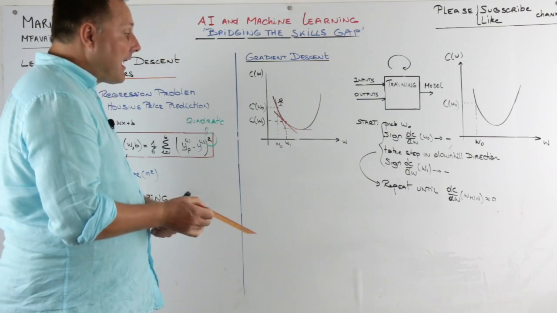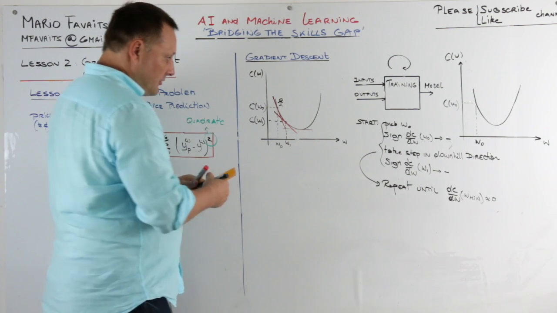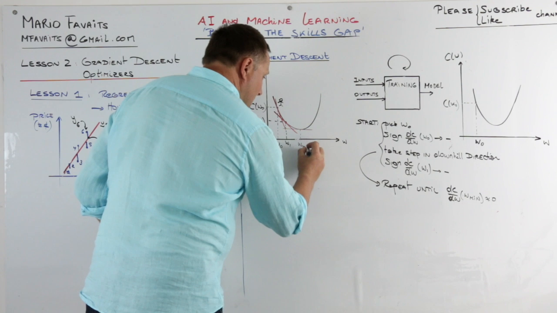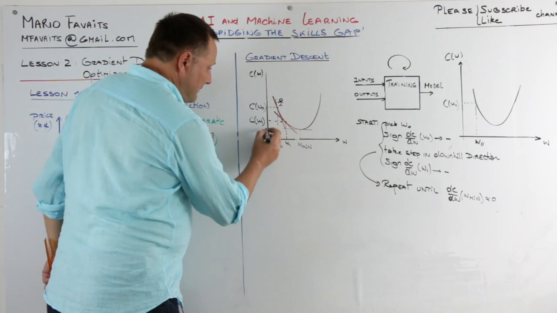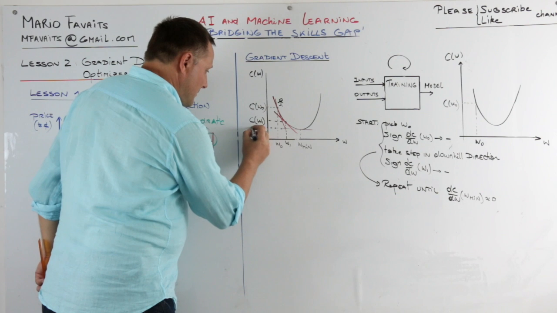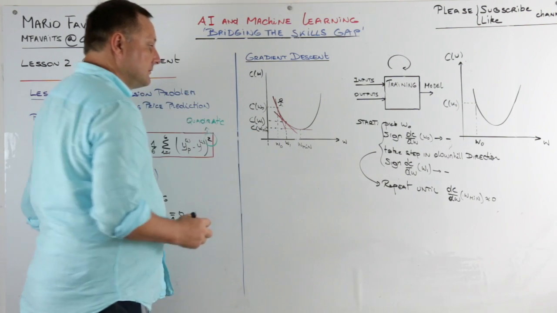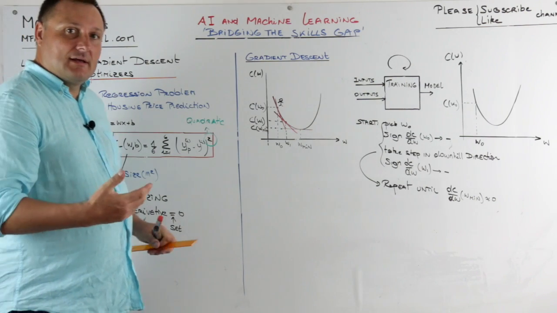And here that line shows us that we found the W minimum, or at least we're very close, at the weight W minimum that minimizes my cost function. Okay? So that's basically it.